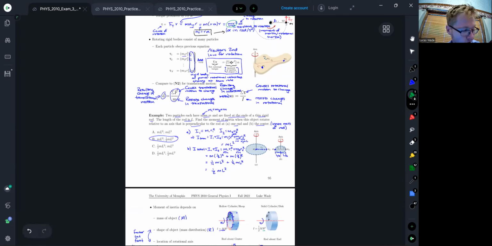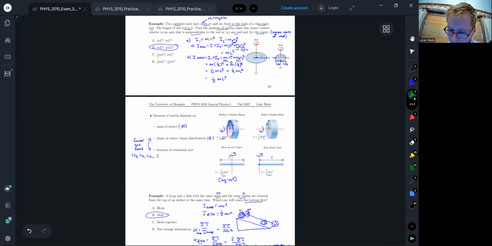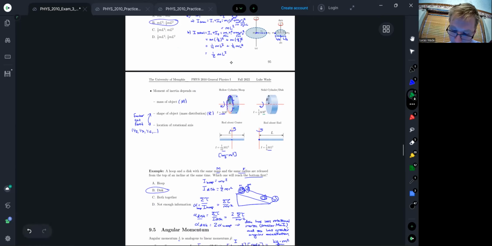So I also don't really ask you to calculate any moments of inertia. It's just being able to apply that idea of the more moment of inertia something has, the harder it is to get it rotating, and the harder it is to stop it from rotating. And so things like these equations for the moments of inertia, if they're needed, they will be given.